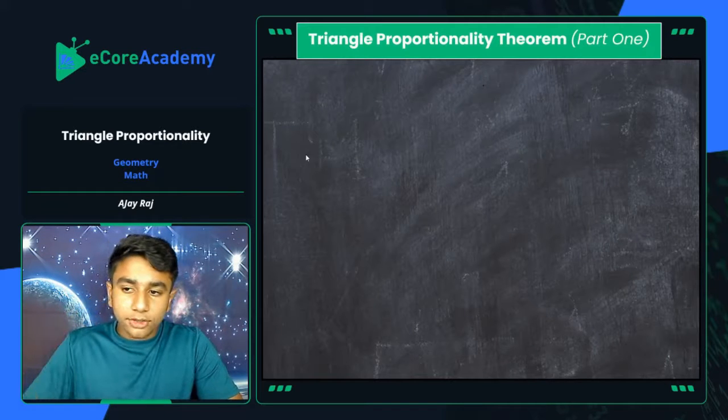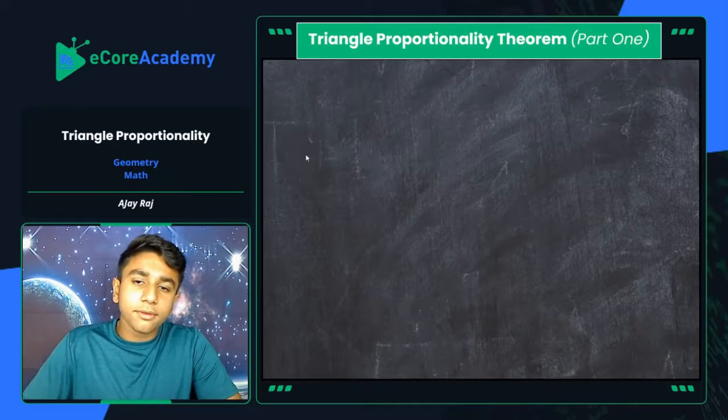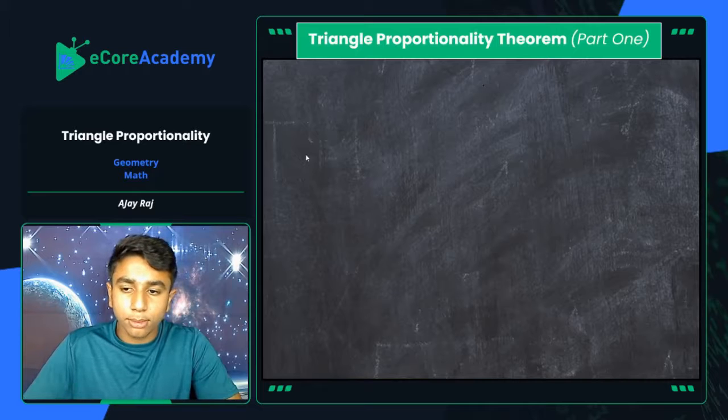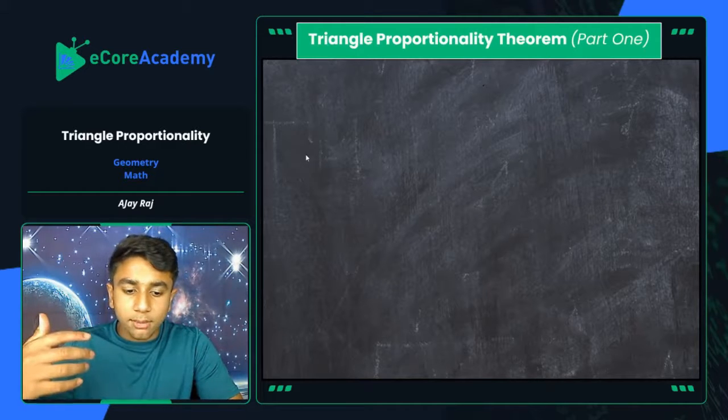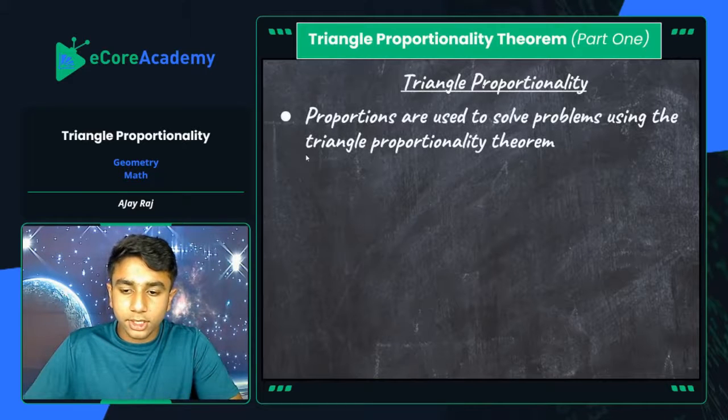So, first slide, triangle proportionality theorem. I know we were talking about triangle proportionality, and yes, there's a theorem named off of our entire topic for today, the triangle proportionality theorem, and of course, it comes with a given scenario. So this is part one. Let's look at triangle proportionality, and then move on to the triangle proportionality theorem.